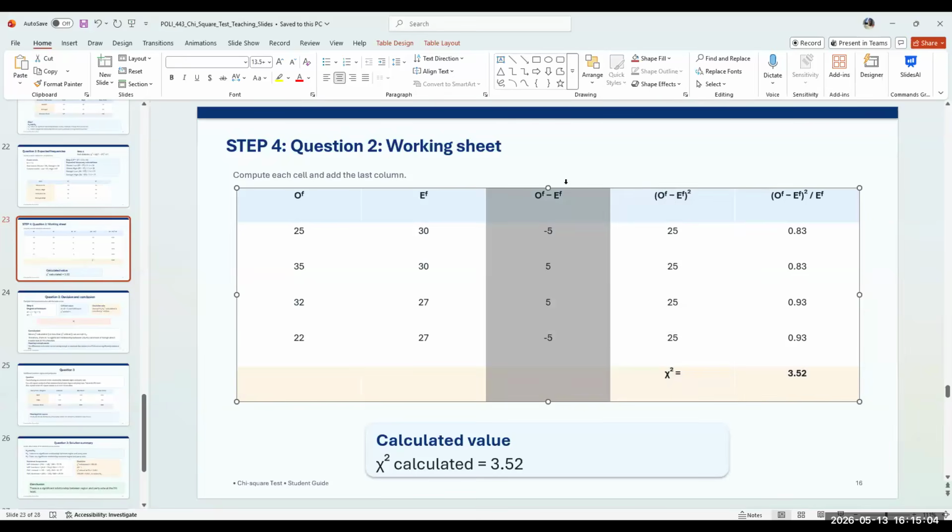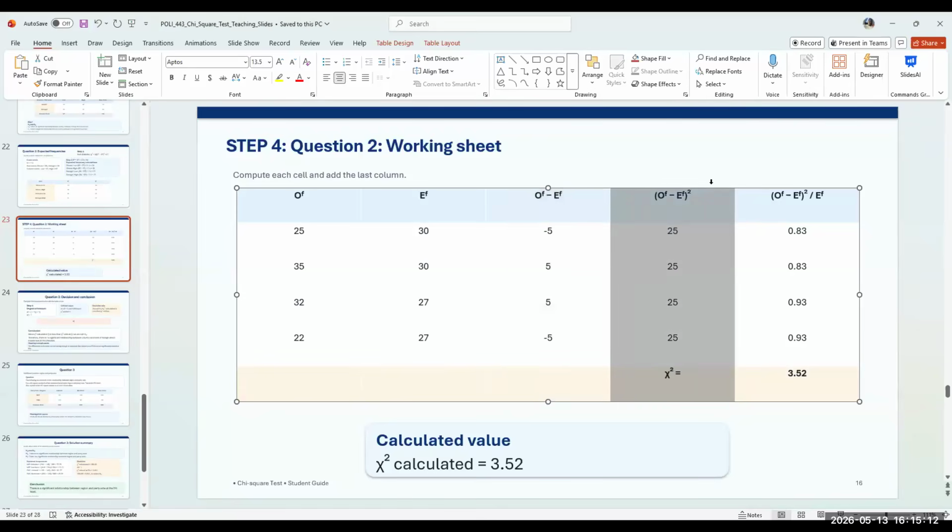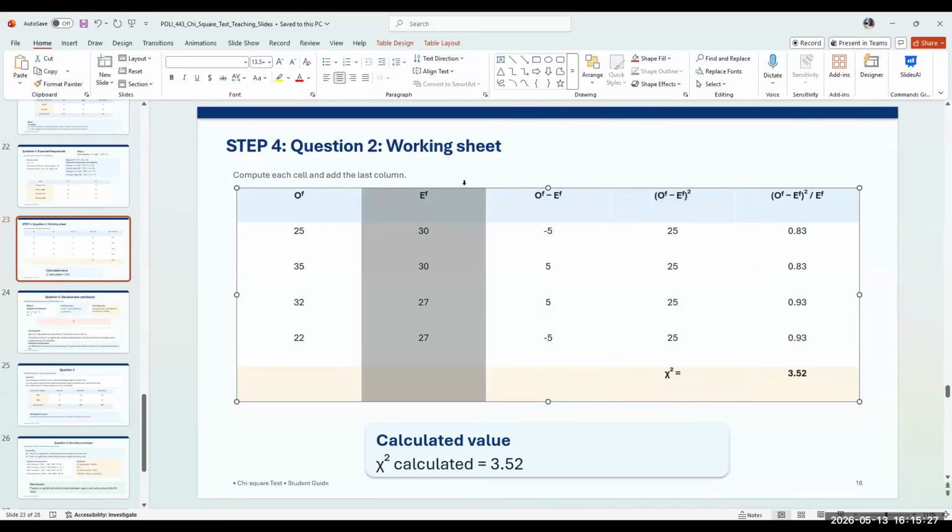The next thing is saying that we should square the value that we get. Do you get me? Yes. Then, since we now have OF minus EF squared, the last stage of the formula says OF minus EF squared all over EF. So now we are going to divide the OF minus EF squared we've got by EF. That'll give us the answer. Do you get how we got it?